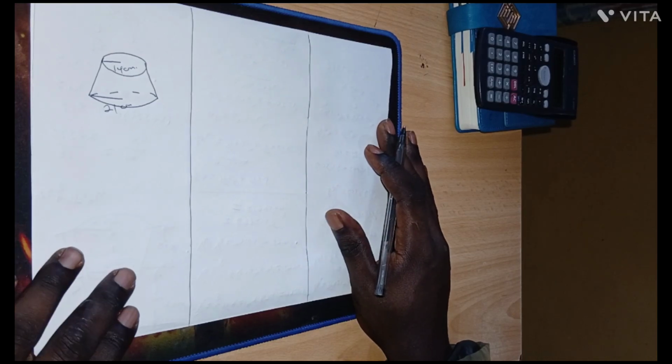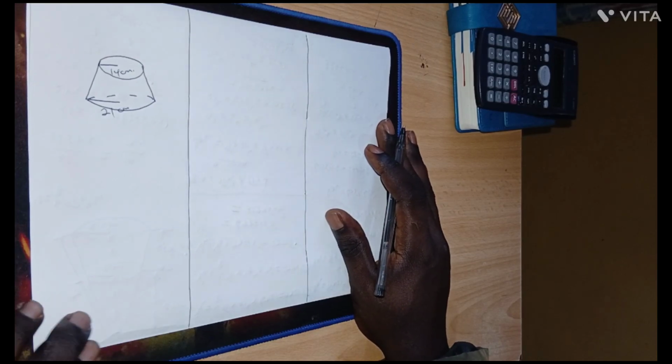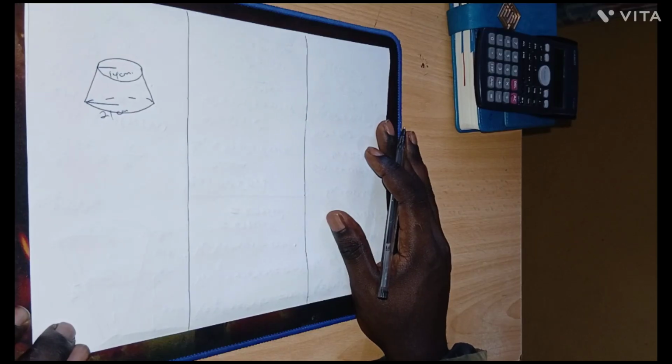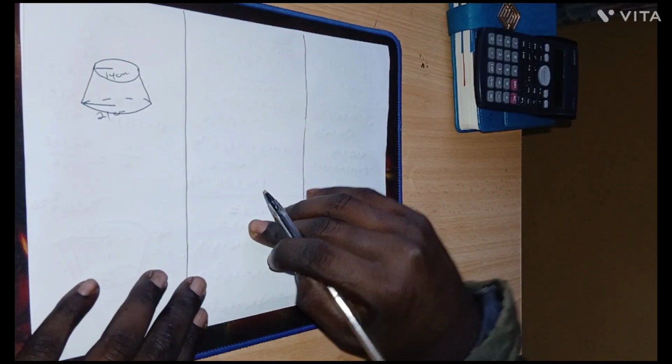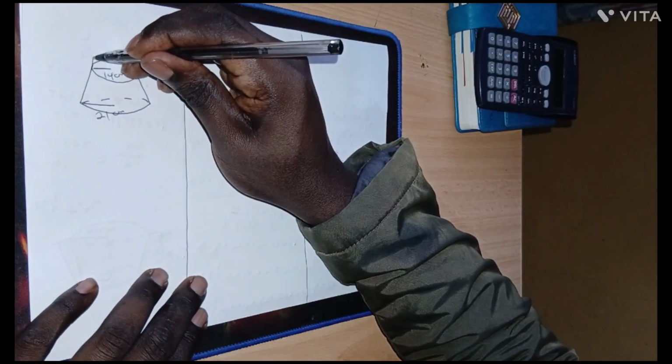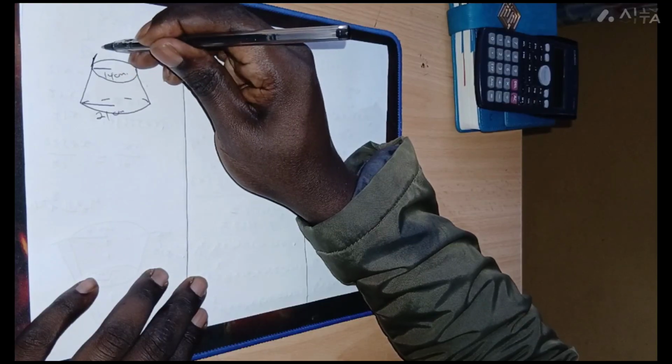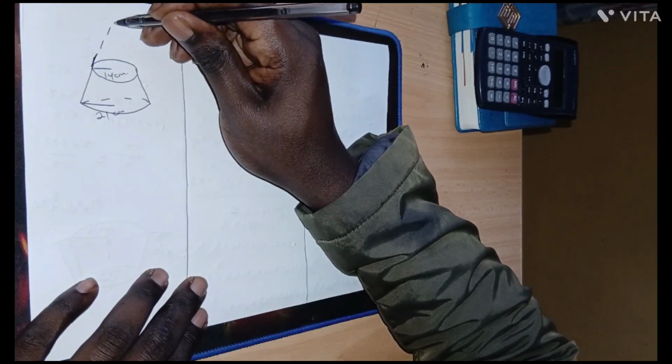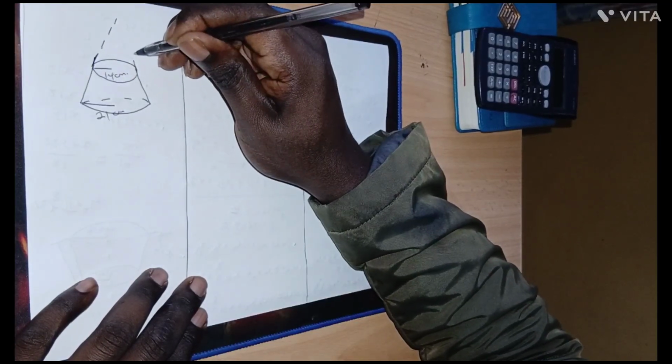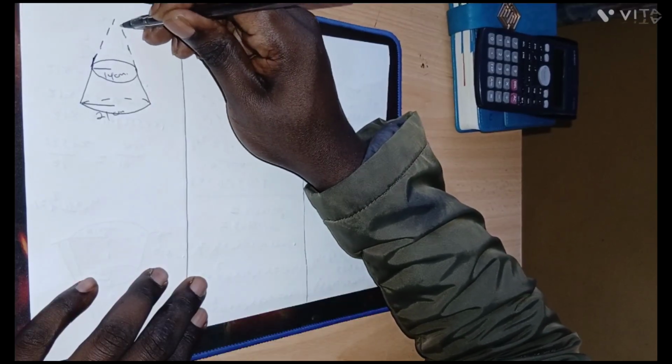We tackle this by first of all extrapolating and imagining that this was a complete cone, okay? That gives you a perfect picture of what was there before it was cut off. So we have this bit, we have this bit, okay?